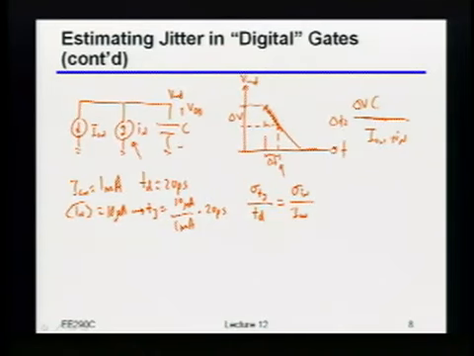Now if I place this into variances, because when we work with noise it's easier to work with variances, the variance of the timing jitter is equal to the variance of the noise current divided by the on current squared times the nominal delay squared. Because again, I'm just working with variances now. All right, so now it turns out we can actually solve this fairly easily.